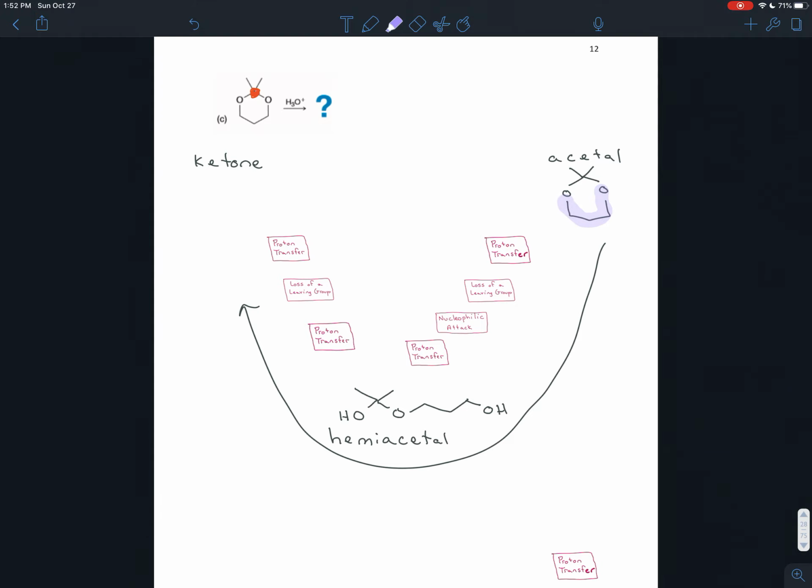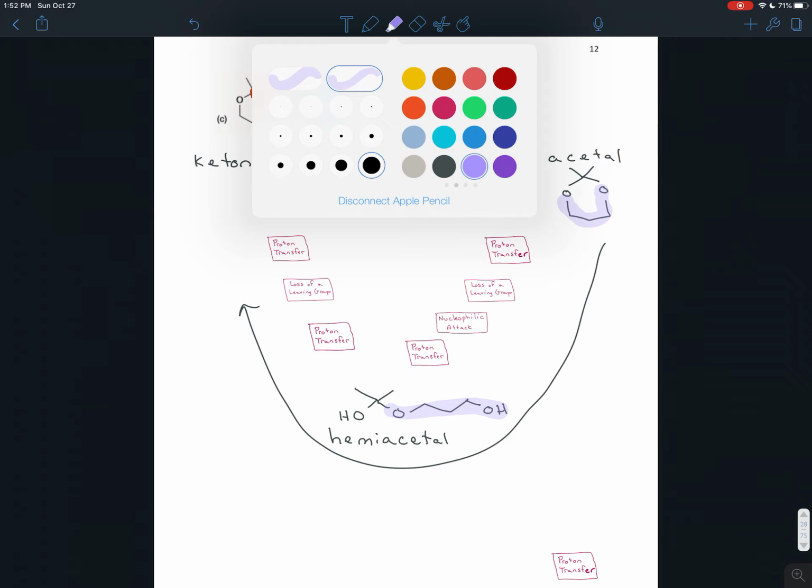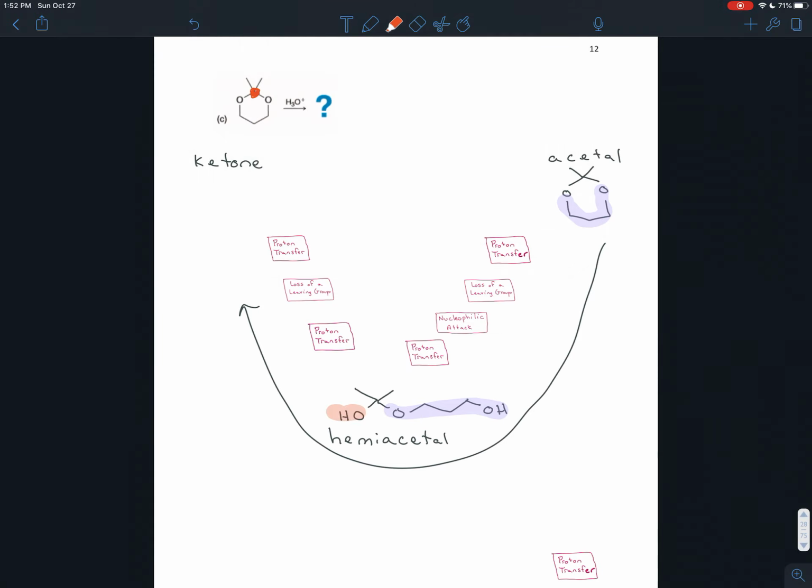Now, in the acetal, we're removing one of the ethers, and we're introducing this OH. Ultimately, that OH is going to be the ketone oxygen, the carbonyl oxygen in the ketone.